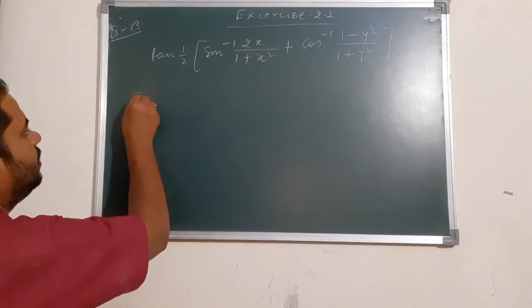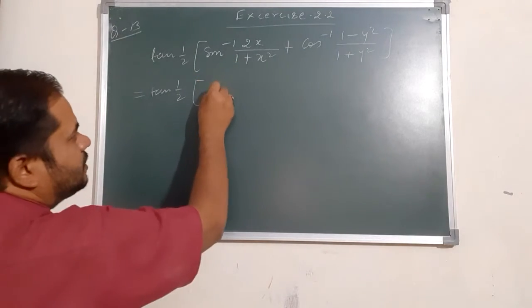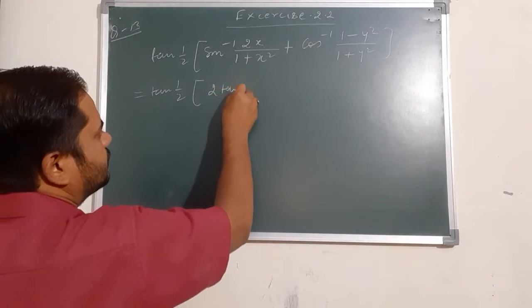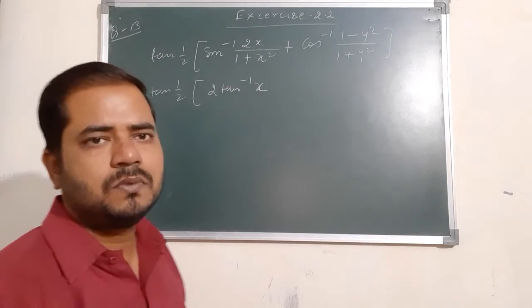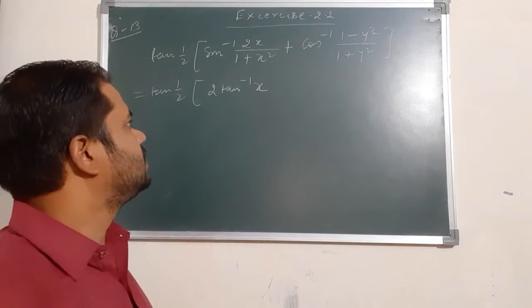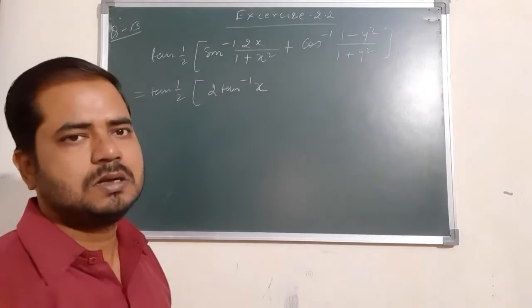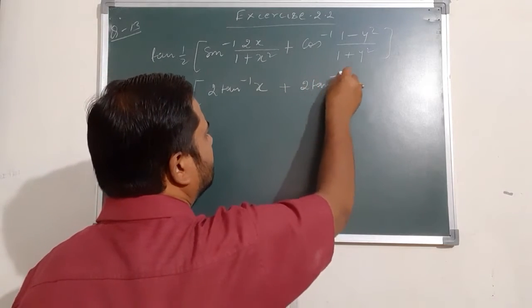You know very well that this is tan of 1 by 2, and this is nothing but 2 tan inverse x. We have discussed this in the properties of inverse trigonometric functions. Sin inverse 2x upon 1 plus x square is nothing but 2 tan inverse x, and this is nothing but 2 tan inverse y.